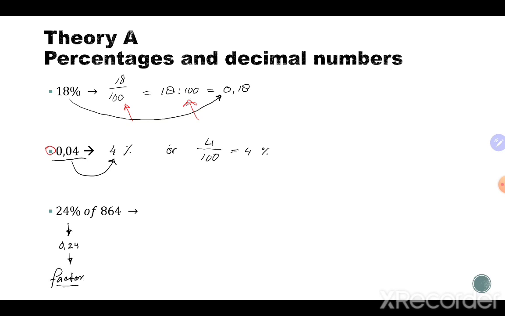We can multiply this factor with 864, because then you know your answer. What is 24% of 864 is 0,24 times 864.